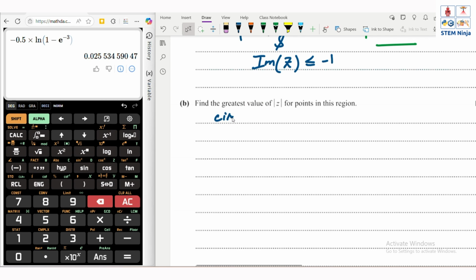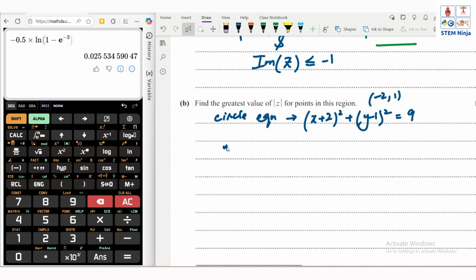In the circle equation, we have -2 comma 1 as the center point. So that would be x plus 2 whole squared plus y minus 1 whole squared equals 3 squared, which is 9.